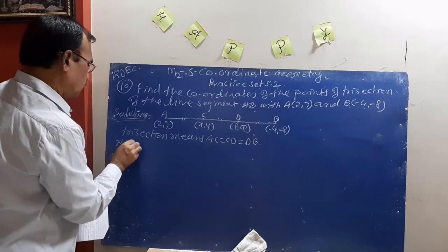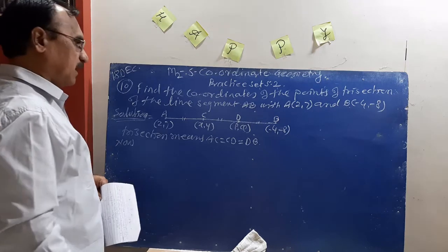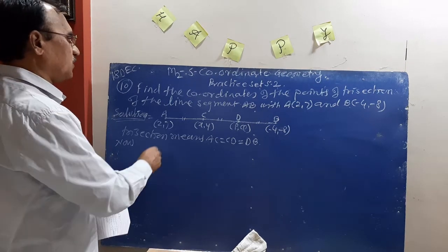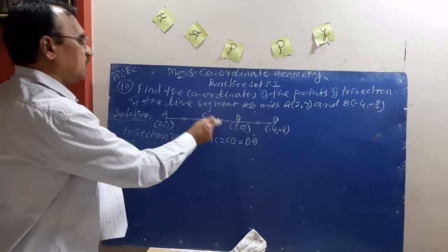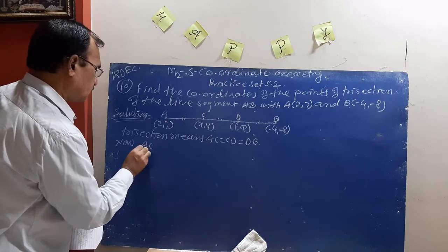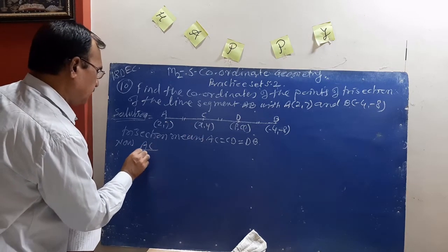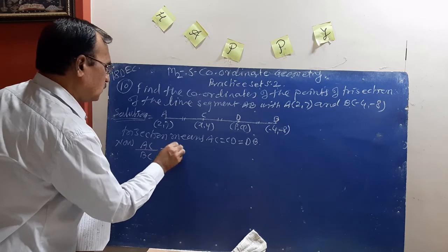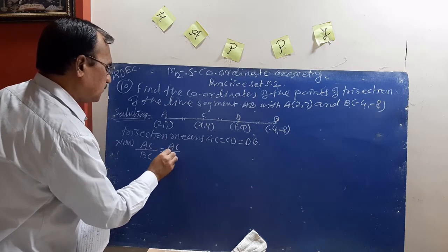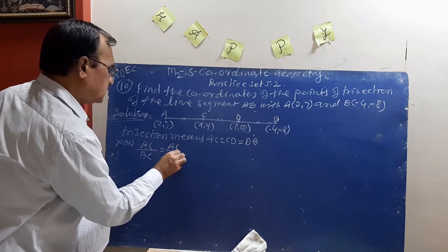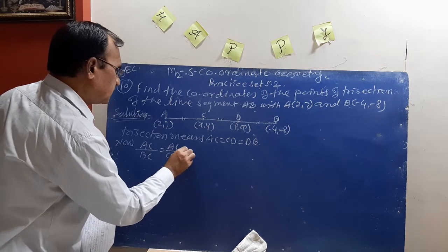Now you know the property of parallel lines. On the basis of this property, we can write AC upon BC is equal to AC upon CD plus BD.